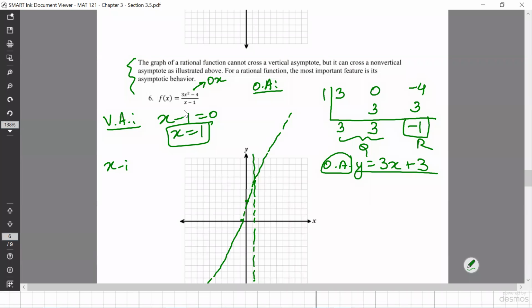Now let's talk about what its x-intercept might look like. So for x-intercept, you make your y value 0. We will need to get rid of x minus 1. So since it's in the denominator, we basically end up multiplying both sides by x minus 1.